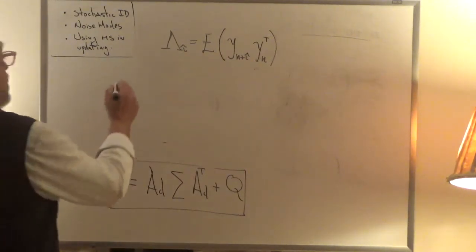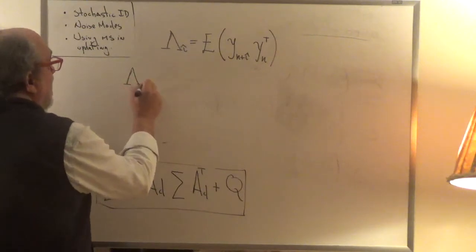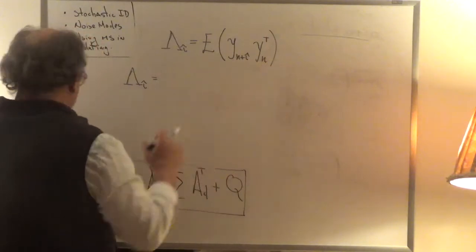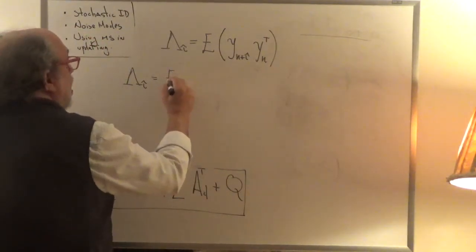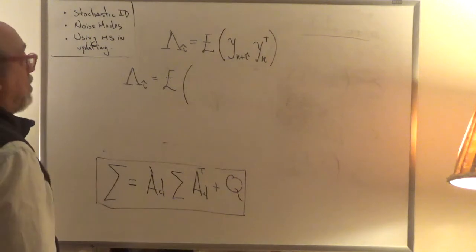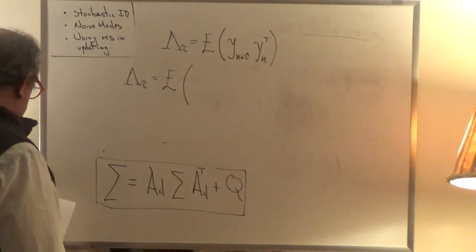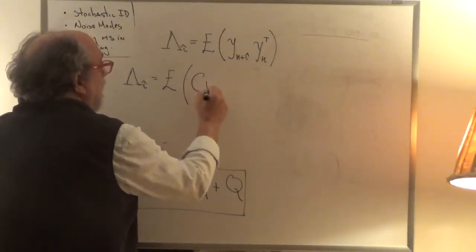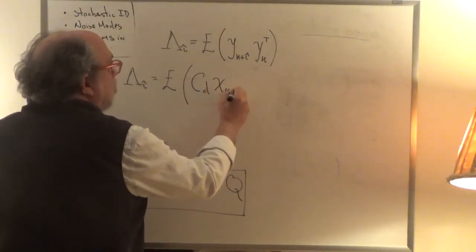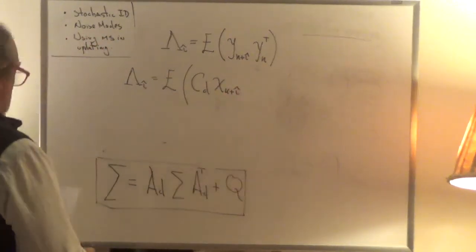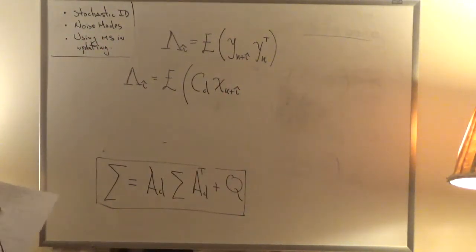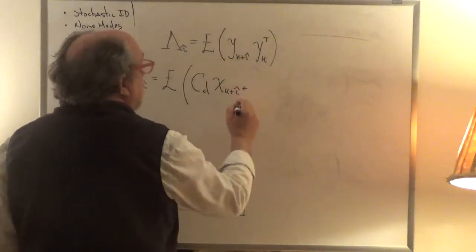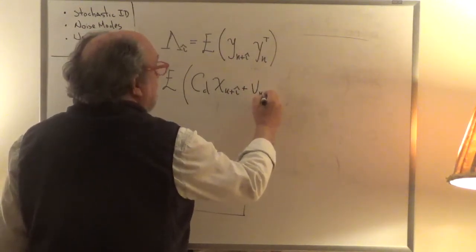But now let's substitute. So we can say that lambda i, where i is how much I want to shift, right, is the expectation of, now what is y at k plus i? y at k plus i is going to be CD, right, times x at k plus i, plus v at k plus i, right?